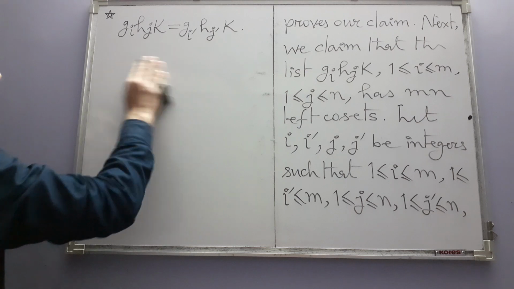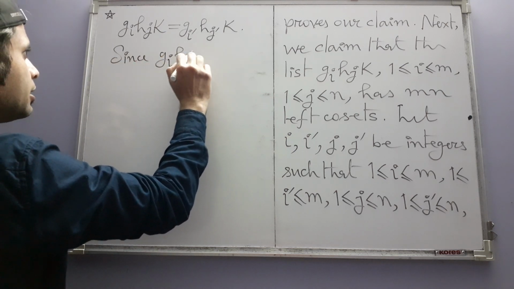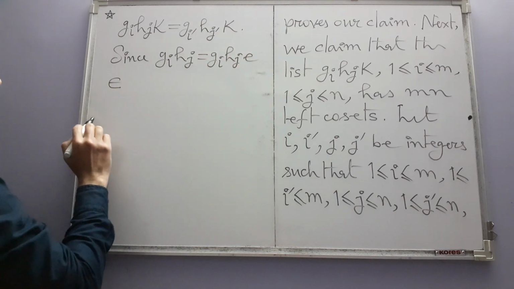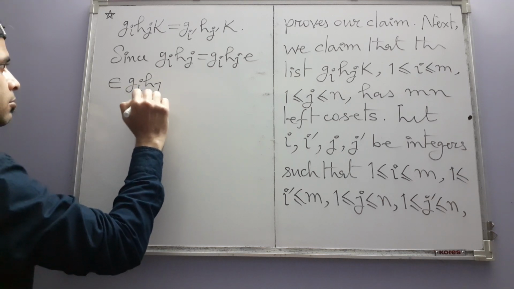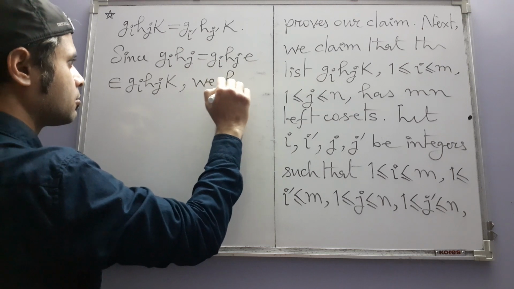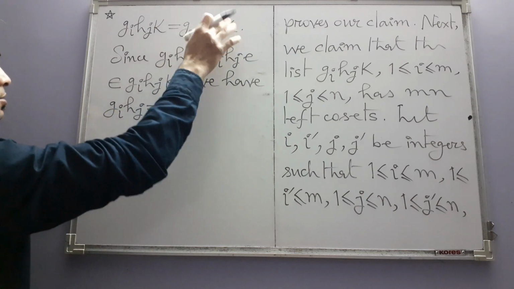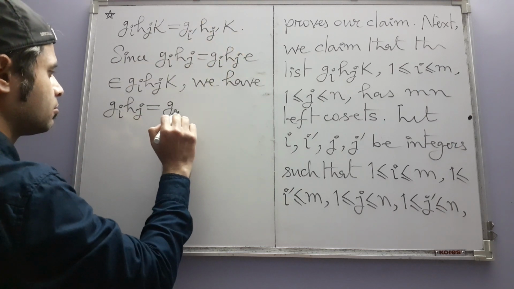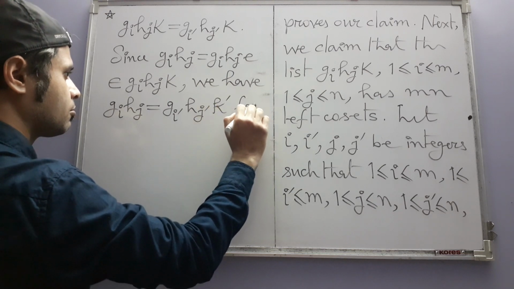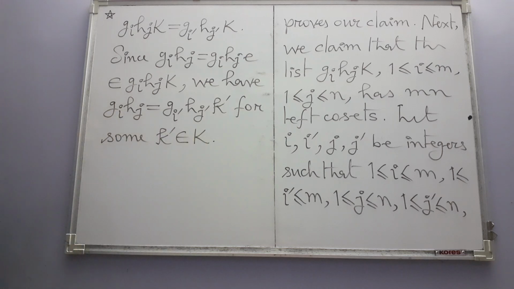So let me write: since GIHJ, which is GIHJE, belongs to GIHJK, and that is of course equal to this, GIHJ being in this coset on the right side will be of the form Gi prime Hj prime K prime for some K prime belonging to K. Okay.